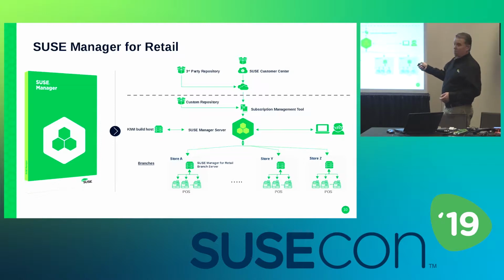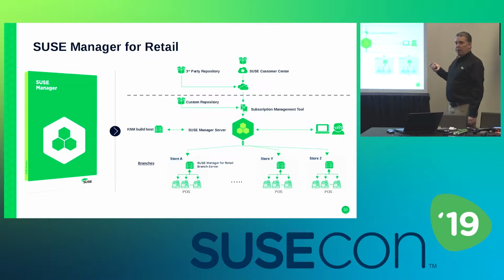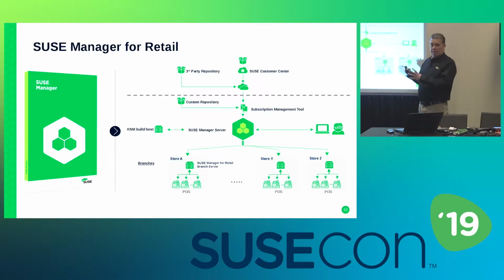You can hook in third-party repositories, as you all know. If you don't want SUSE Manager, for various security reasons, to have access going out to the internet, it's only an outbound connectivity that we need. If you don't want that from a security perspective, you can always use the SMT, the Subscription Management Tool, to decouple SUSE Manager from the outside. So all of those facilities are still available in the central location, right?